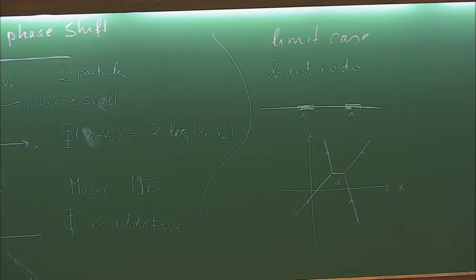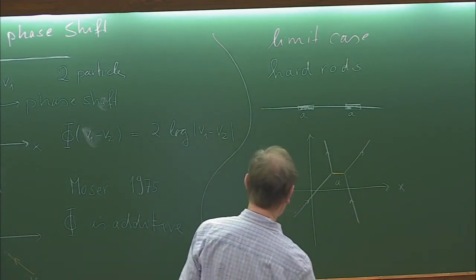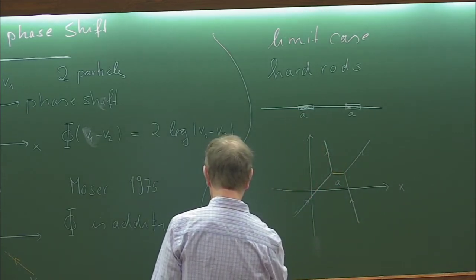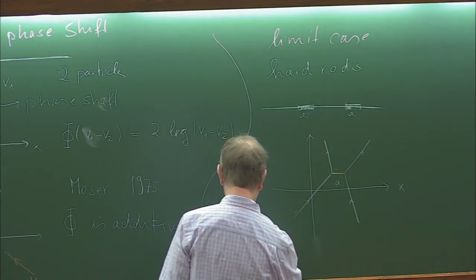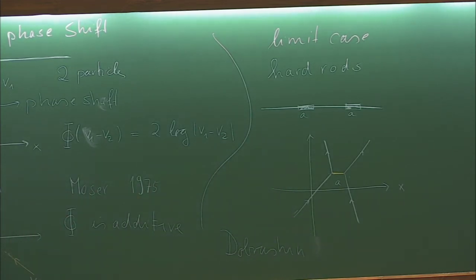Okay. Now, the hard rod system is actually one system which falls under this general class because it's the limit of the Toda, and the Toda falls under this class. But the hard rod system by itself has been studied in great detail by Dobrushin and co-workers. I guess the first paper was, Dobrushin was very fond of that topic.